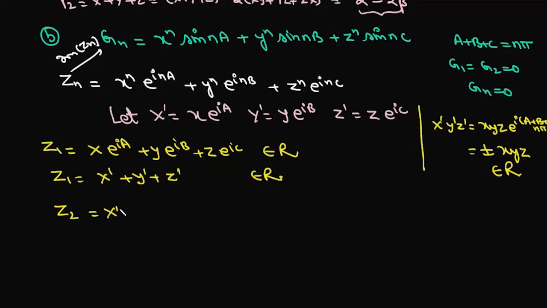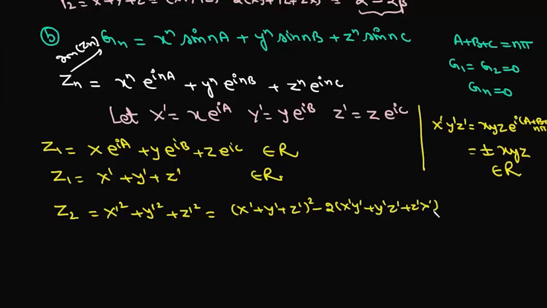z2 is x dash square plus y dash square plus z dash square, which will be x dash plus y dash plus z dash whole square minus 2 times x dash y dash plus y dash z dash plus z dash x dash. Now it is also real.